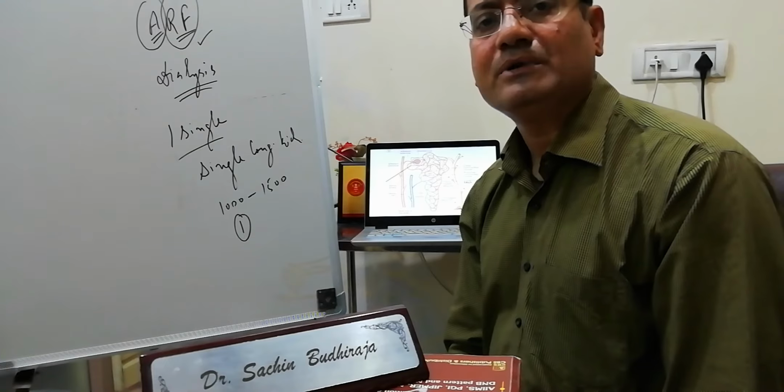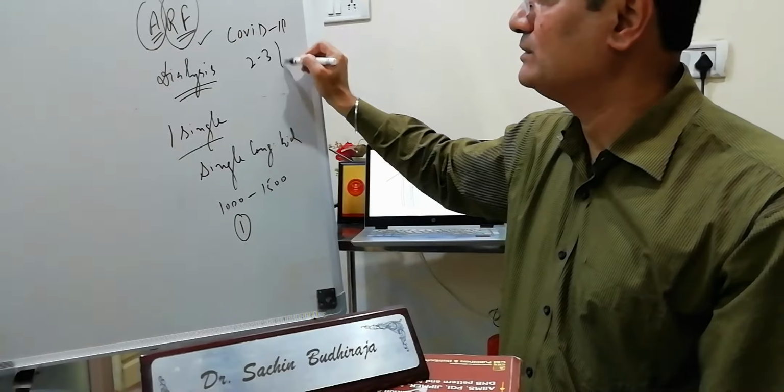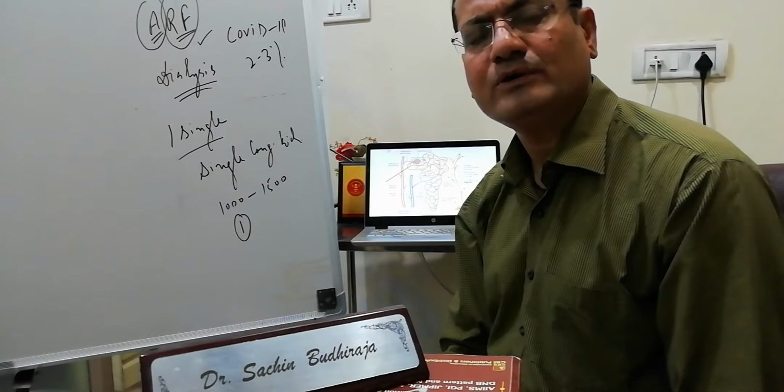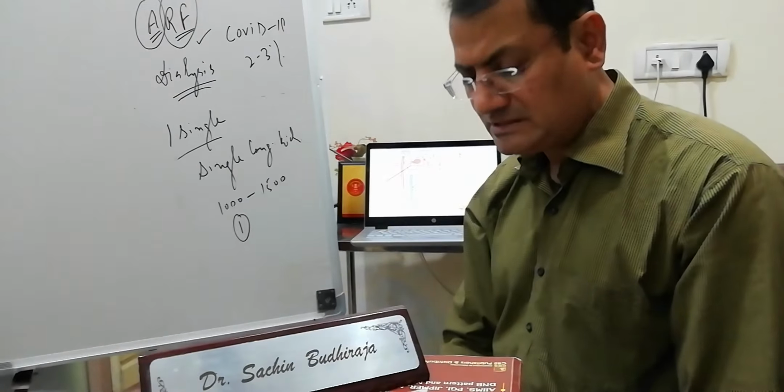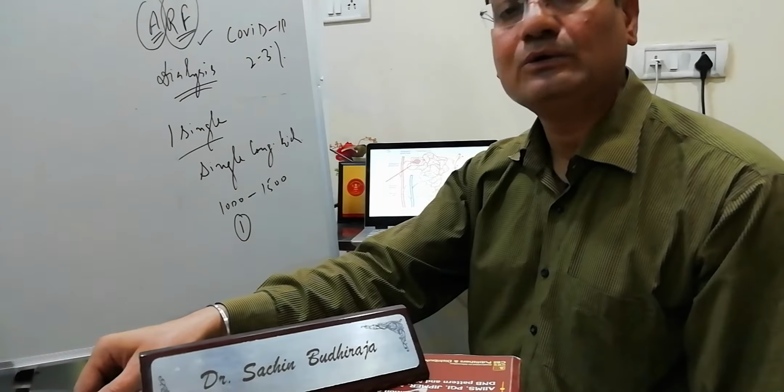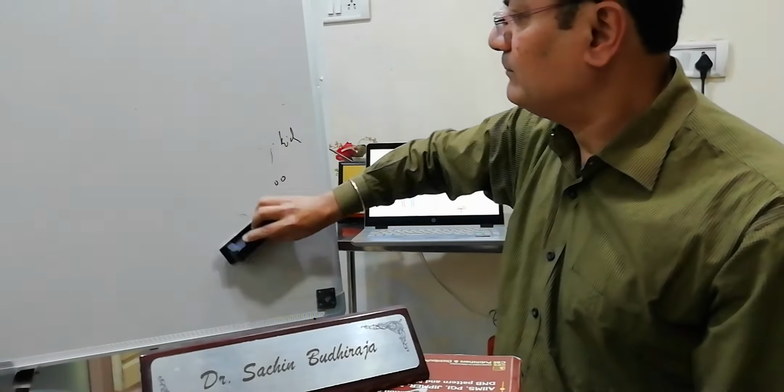The mortality with COVID-19 is around 2 to 3%, but the majority of the patients are ultimately going to recover without any permanent organ damage. So this is a general rule with any acute illness, and so with acute renal failure also, the condition is reversible, right?